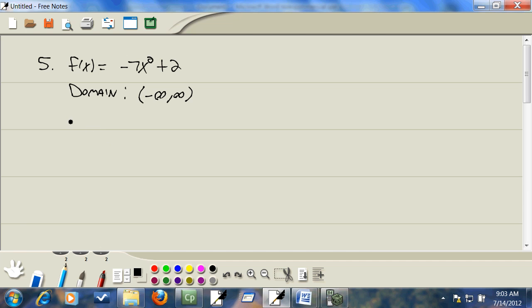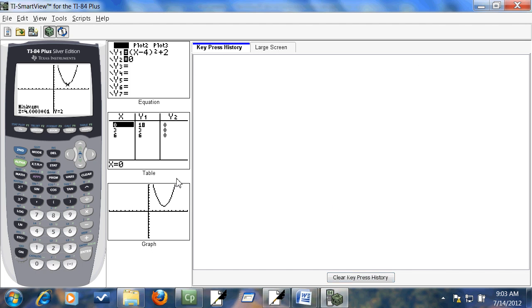Now to figure the range, the best way is to look at the graph. If you work with functions for a while, you kind of get an idea of what your range would be. You know what these numbers do and so forth. But the focus anymore has become more on using the graphing calculator, so we've kind of lost that feeling.